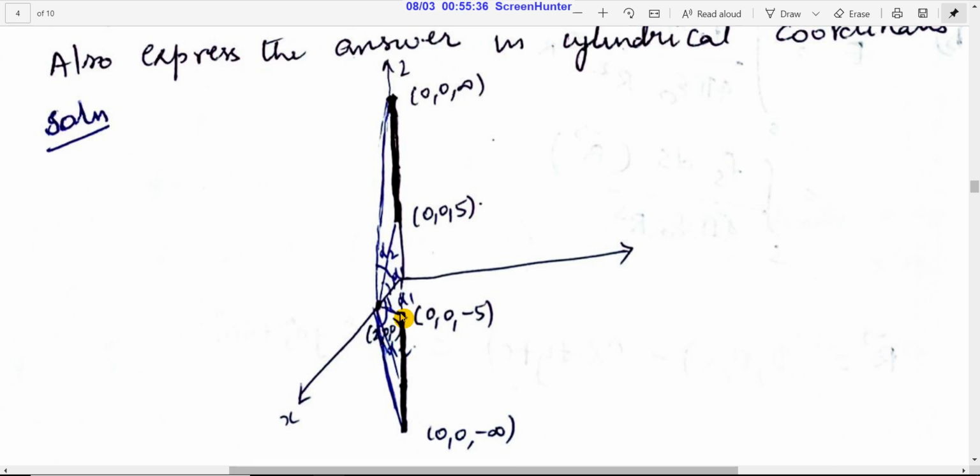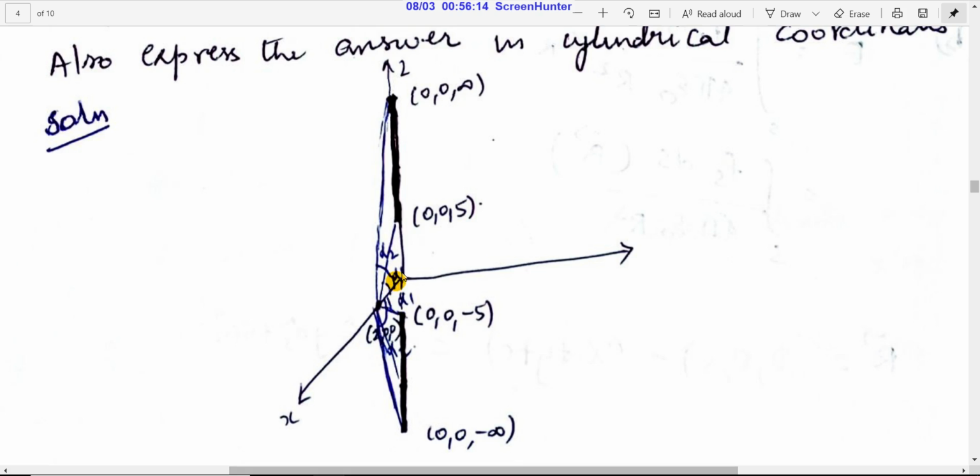You have to notice one thing: if you take this as the reference line, the angle is measured in the counterclockwise direction, but for alpha 1 and alpha 2 you have to go in the clockwise direction.